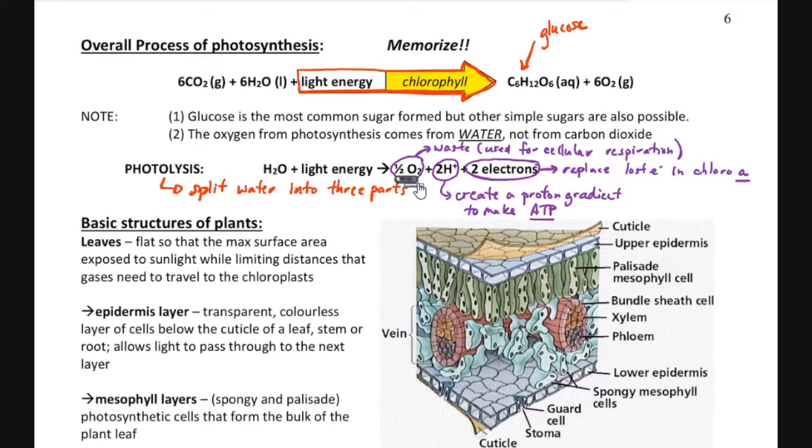The oxygen needs to get out of this particular thing. You don't want it in the chloroplast or particularly in this cell building up, because it actually slows down the process of photosynthesis. But I want you to remember that all organisms go through some version of cellular respiration. So not only is the plant doing photosynthesis in this direction, but the sugar that it makes and the oxygen that it produces, it will also reverse that so that it can get a different version of energy out of it as well.